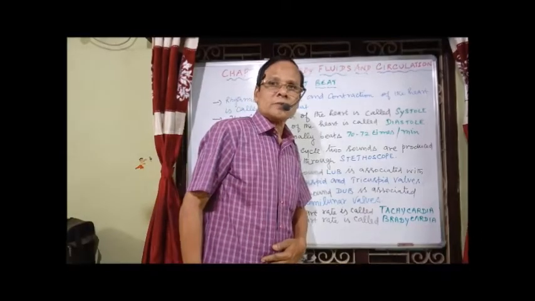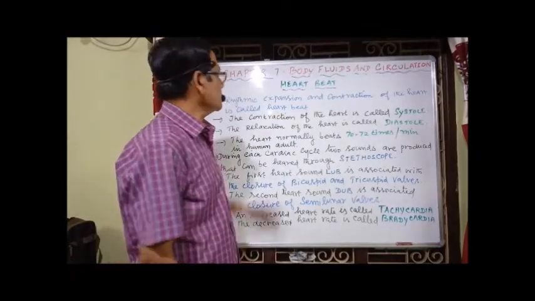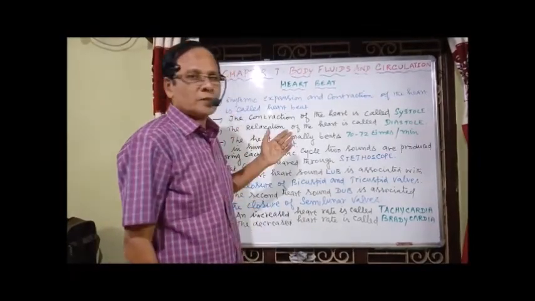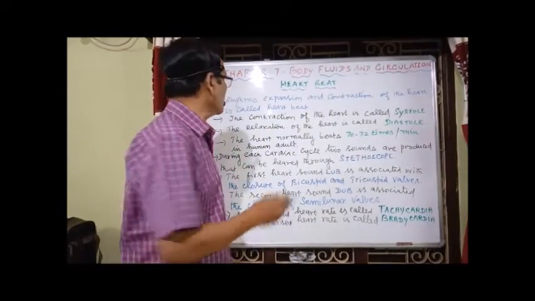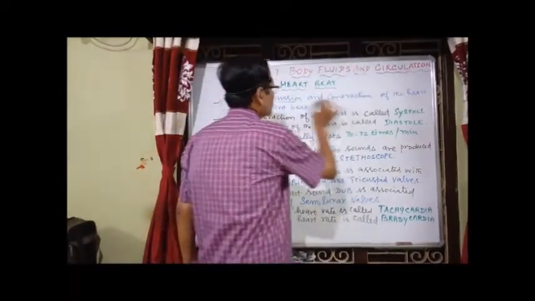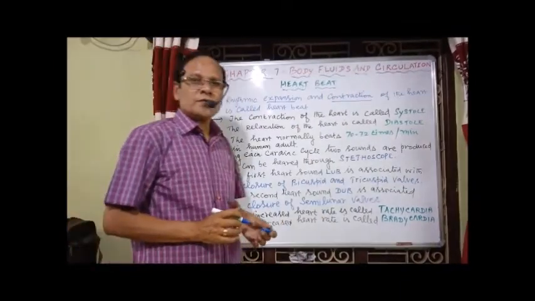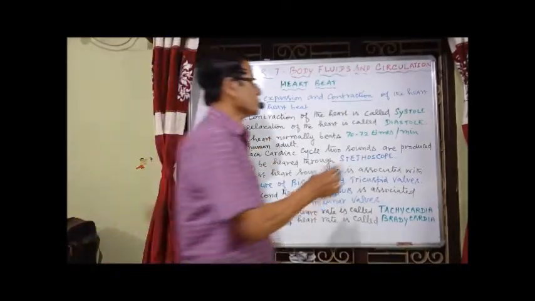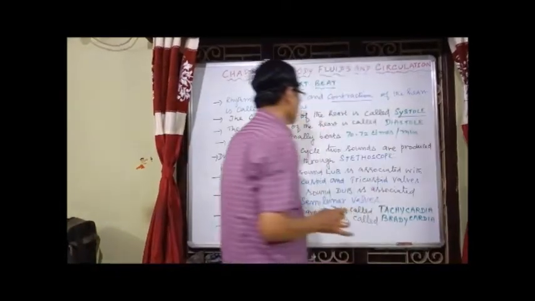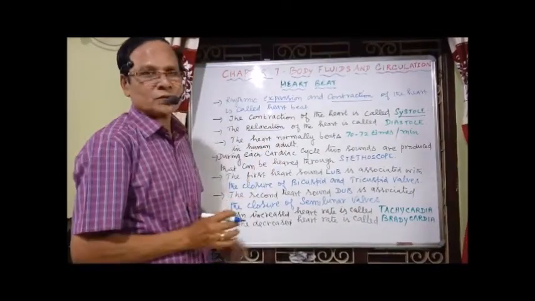Now a few words about heartbeat, which is studied in 10th standard. What is heartbeat? The rhythmic expansion and contraction of the heart is called heartbeat. The contraction phase of the heart is called systole, and similarly, the relaxation or expansion of the heart is called diastole.